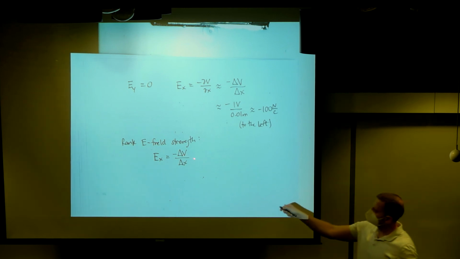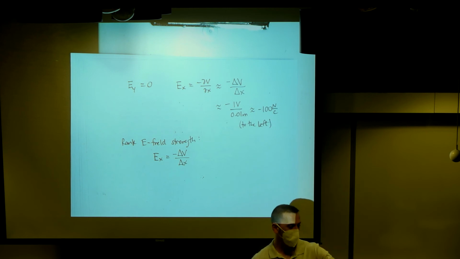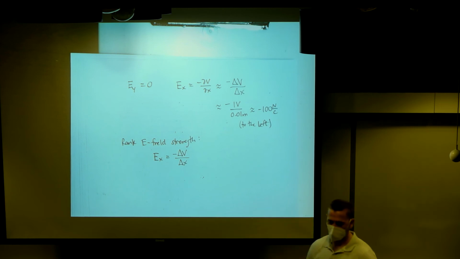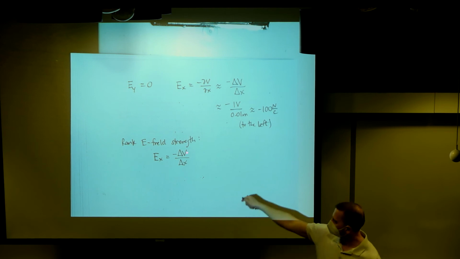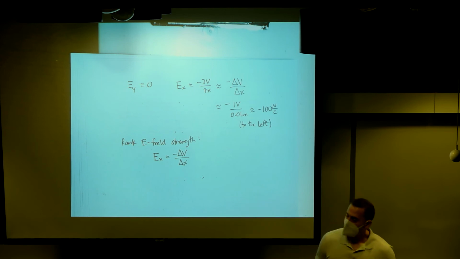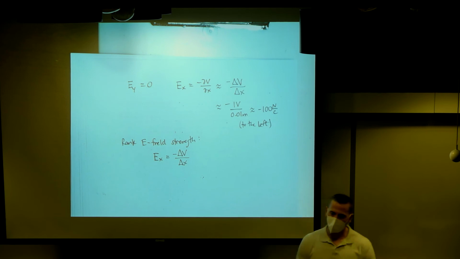Remember, my equipotential lines in the diagram are evenly spaced. So if I go between any two of those lines, it's just a difference of 1 volt, right? So if I'm just taking one line to the next, it's always 1 volt, right? Delta V on top is the same. But the distance between two neighboring lines can change, right? Some of the times in the diagram they're really far apart, other times they're really close, right?